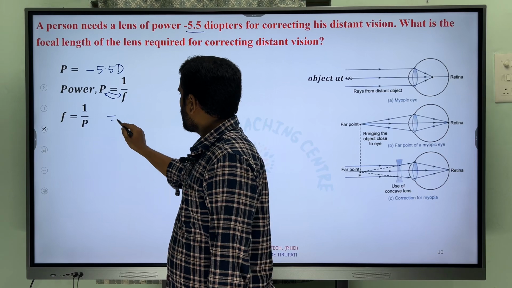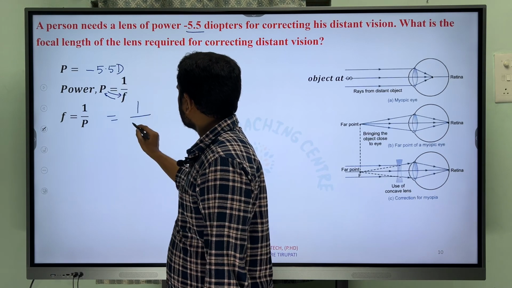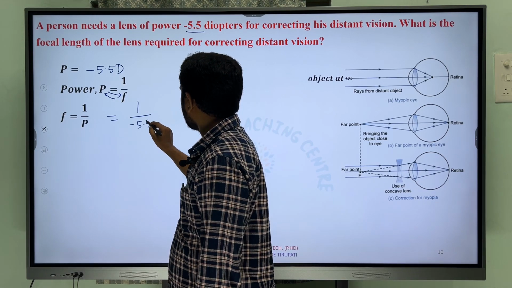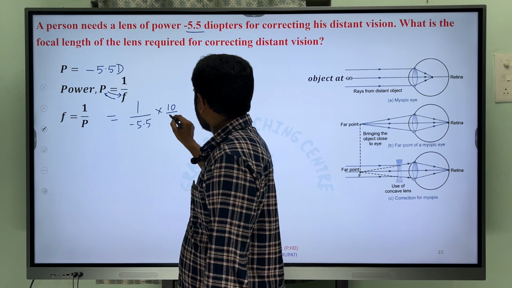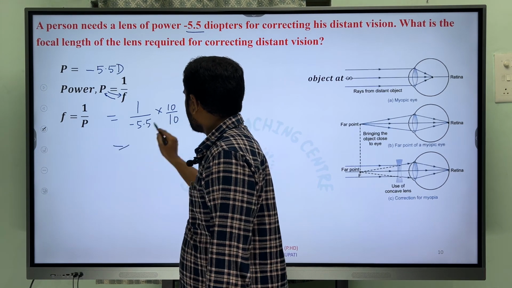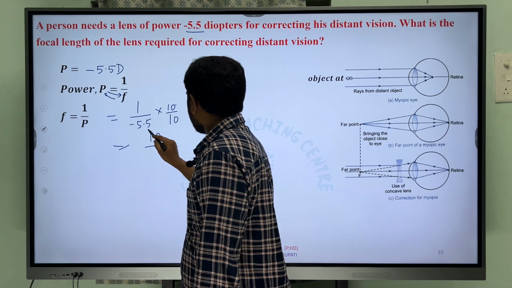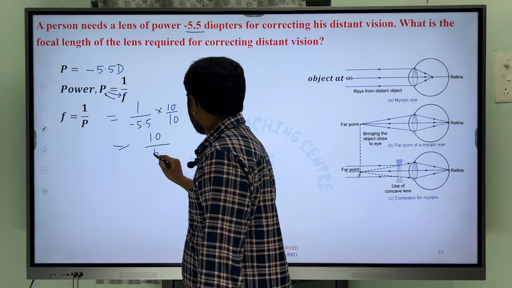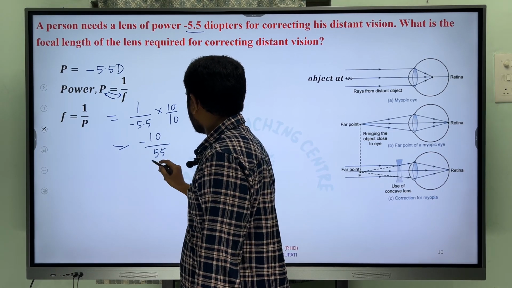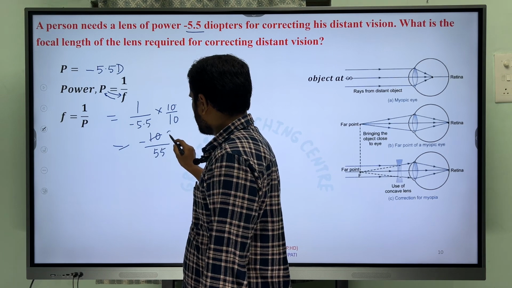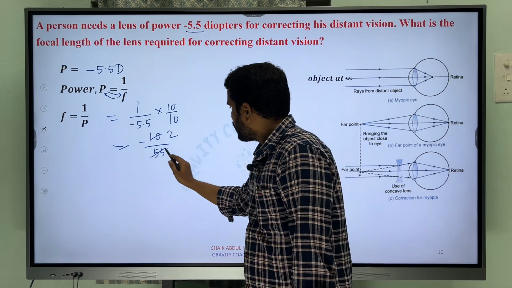So 1 by P, how much? Minus 1 by 5.5, into 10 by 10. If you do this, what will happen? 10 ones are 10 by 5.5 into 10, 55. So negative here. 5 2s are 10, 5 11s are 55.